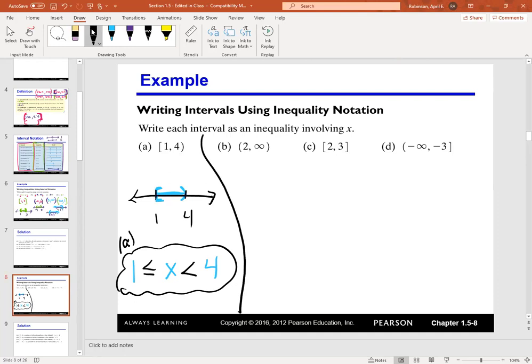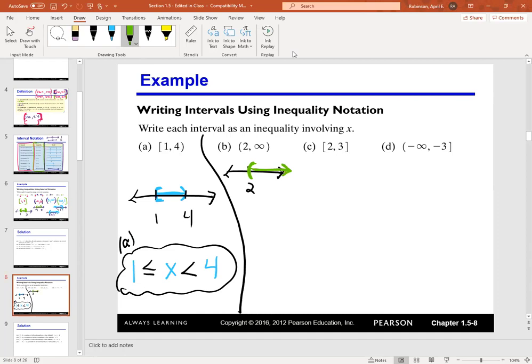Now part B has a 2 and then an infinity. So let's say here's the 2 for part B. There would be a parenthesis here for the 2, and then it's going to infinity, which would be in this direction.